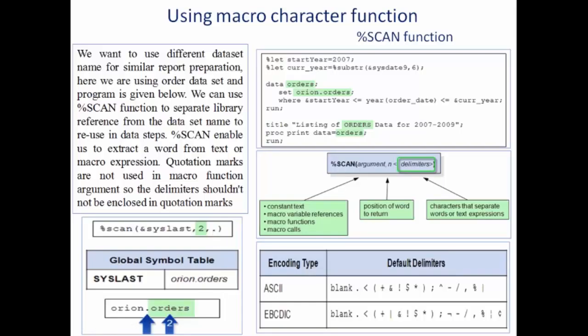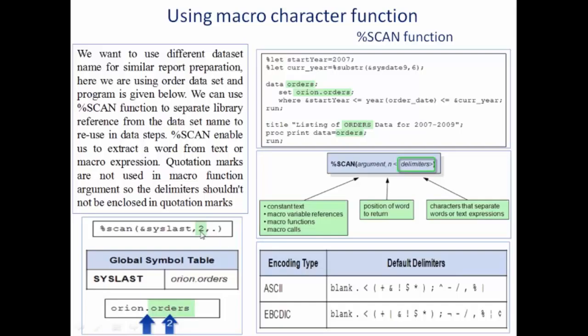Sometimes it happens in reverse order. Here we are counting from left to right, that's the reason 2 is written. In case it happens from right to left, we use -2. Here scanning is happening from left to right. Now suppose I am interested in oran.